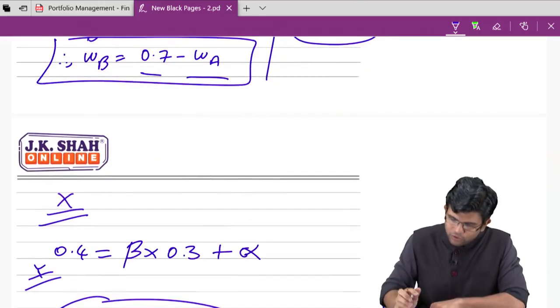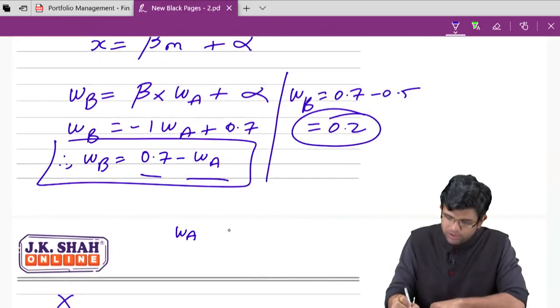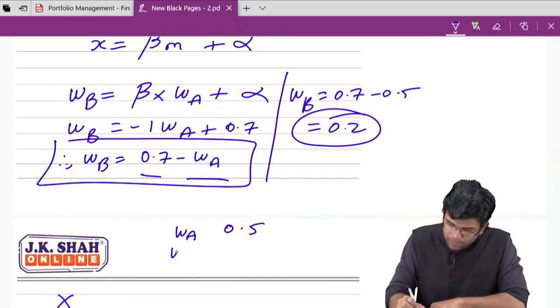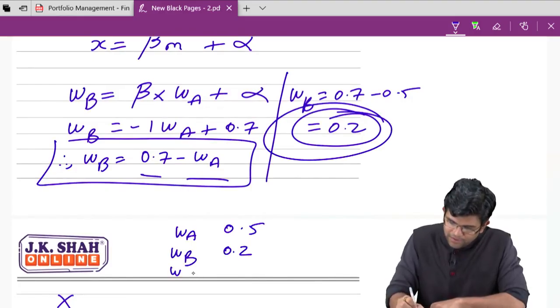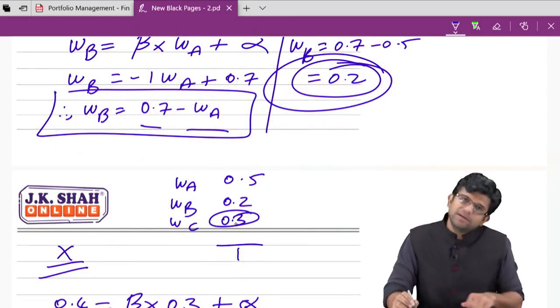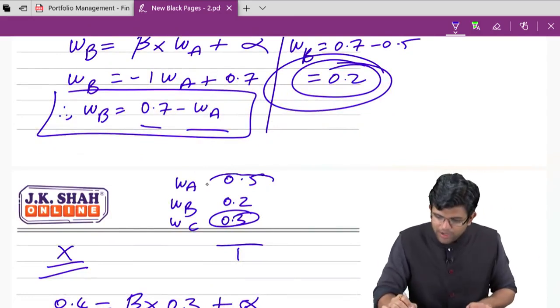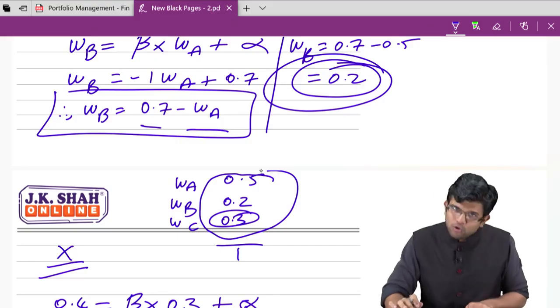So therefore, students, I can write down here your WA given in the question was 0.5. WB that you just calculated is 0.2, and therefore WC as a balancing figure, total of the weights has to be 1, will be 0.3. Yes, WC will be 0.3. So 0.5, 0.2 and 0.3 are the new weights for your new portfolio.